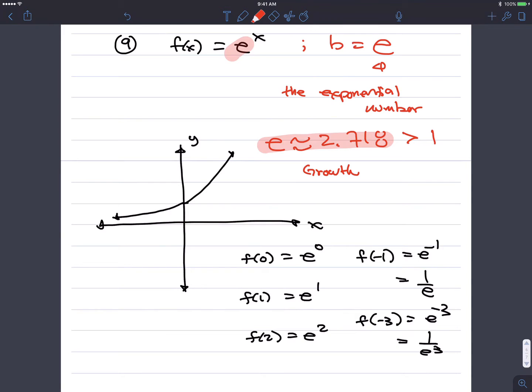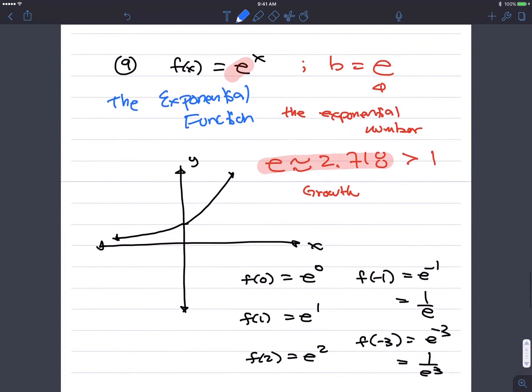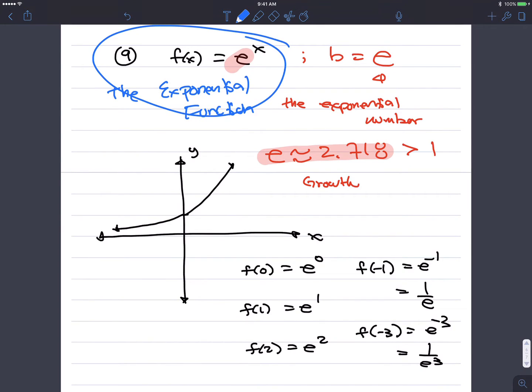And by the way, this function we're looking at is called the one and only exponential function. And that's a famous function. This is found in nature and science, business. This is found everywhere. So we're going to talk about this function in detail.